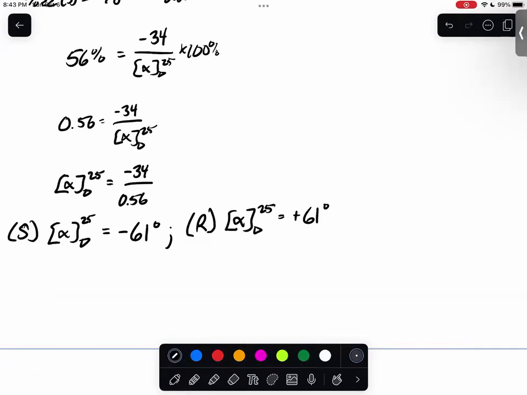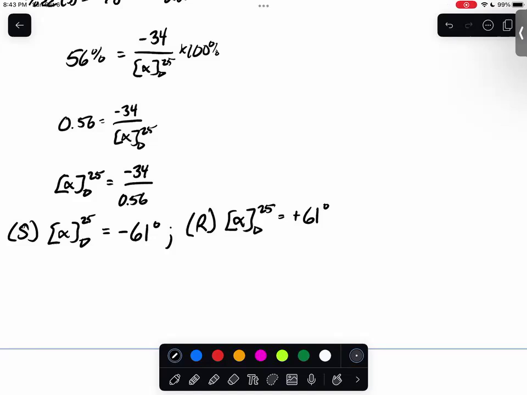Okay? So essentially specific rotation, and optical rotation in general, is going to be used for you to figure out what percentage of the mixture is R versus S. Also you can figure out the specific rotation of different compounds.